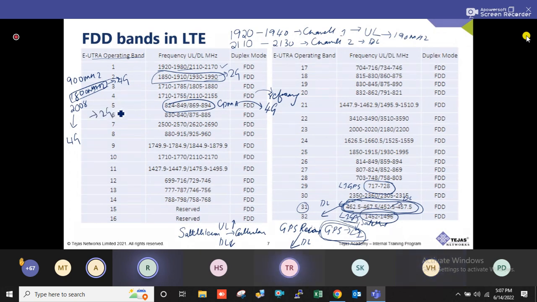Okay, as you pointed out, it's correct. If I use 1800, let's say in this particular cellular area, if I use this 1800 band for 4G, we cannot use it for 2G. But in this case, the provider wants to establish the new 4G network.